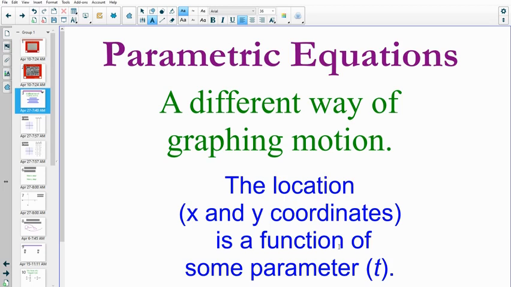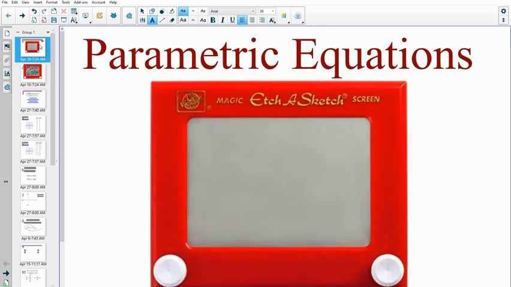So x is a function of t, which I usually think of as standing for time. As time is changing, the x coordinate is doing this, and the y coordinate is doing that. And so x is doing one thing, y is doing another. And it's not y as a function of x or x as a function of y. It's both of them independently as a function of time.